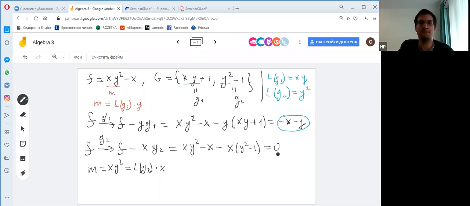And this is the other remainder. So the remainder depends on the way of our reductions. So here we have an example where there are two unequal remainders.